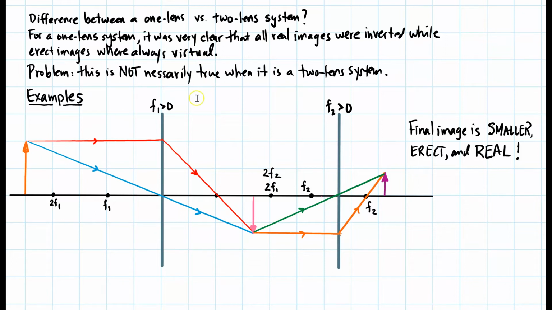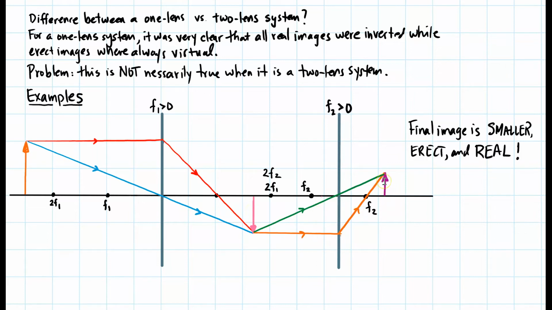Here's an example. I'm going to start off with an object that's outside of 2F. If I look at ray 1 and ray 2, it produces an image right here. Now, if this image is outside of 2F for the second lens, you can see that ray 1 and ray 2 are then going to form an inverted image of this image right here, which is now the object of lens 2.